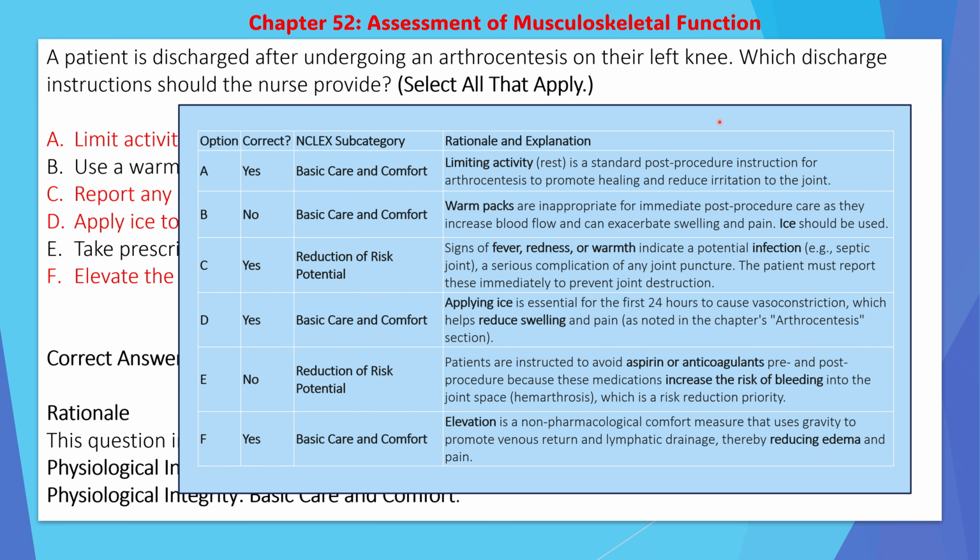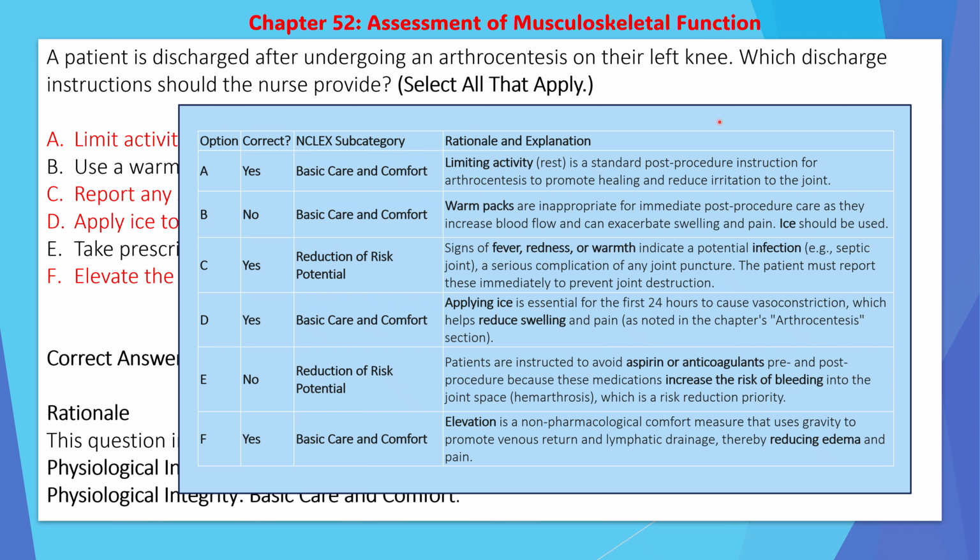C is reduction of risk potential. Signs of fever, redness, or warmth indicate a potential infection, a septic joint, a serious complication of a joint puncture. The patient must report those immediately to prevent joint destruction.